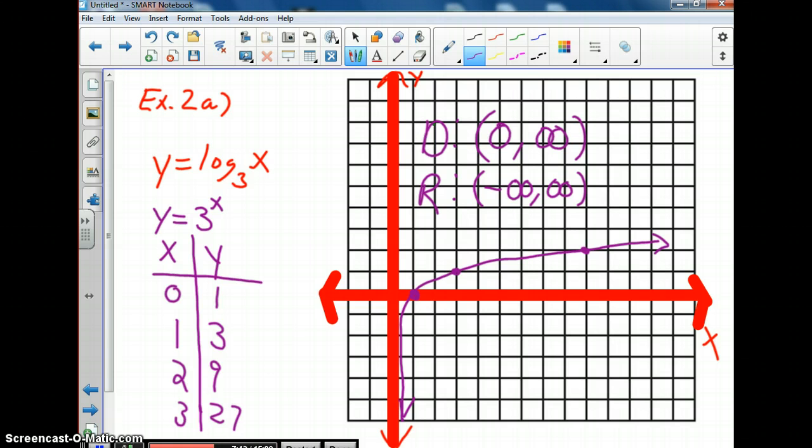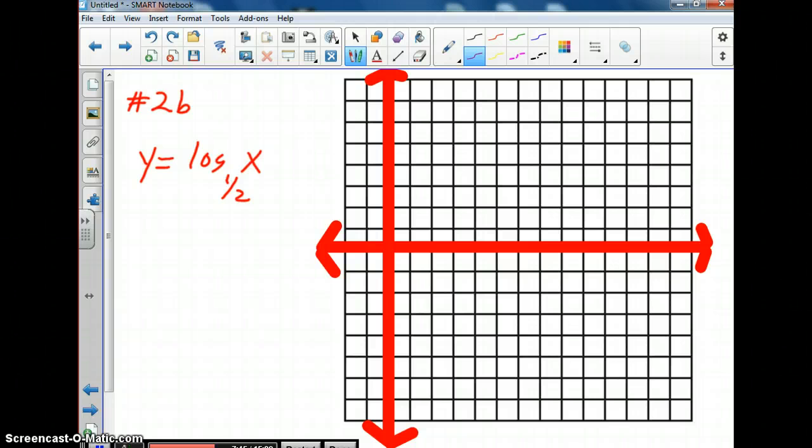All right, now let's go to the next one. Here goes the secret formula you can use. Now watch, and this is not in your notes, so you're going to write this carefully. Y equals, and you're going to draw a fraction bar like this. On the top of the fraction bar, you're going to put log.